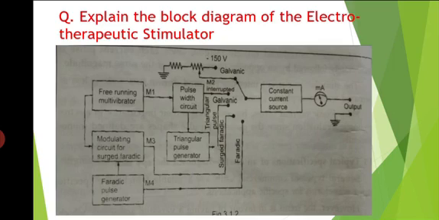The output from the free running multivibrator triggers a monostable multivibrator M2 circuit, which sets the pulse width. The output pulse from the monostable provides an interrupted galvanic output whose rate as well as duration can be independently controlled. Another astable multivibrator produces short duration pulses called Faraday current.